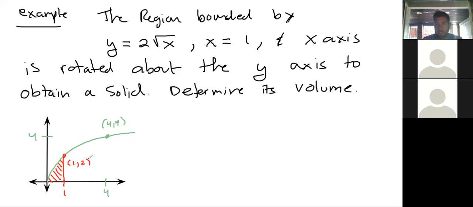So if we rotate this region about the y-axis, and we'll enlarge it for beauty's sake, if we rotate this, what we get is something like this. So inside, it's going to look like this.